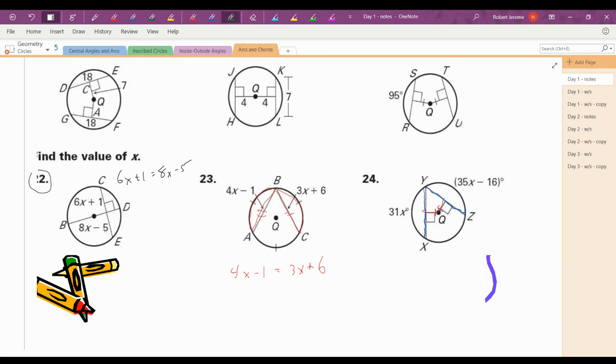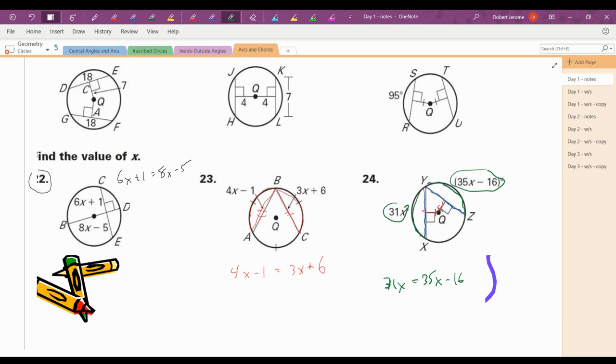Now, since the chords are congruent, then their arcs are congruent. And that's going to give us our formula. So here we have 31x is equal to 35x minus 16. And of course, we're going to solve for x from there.